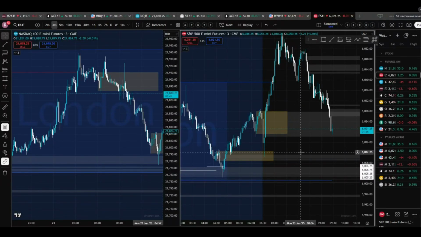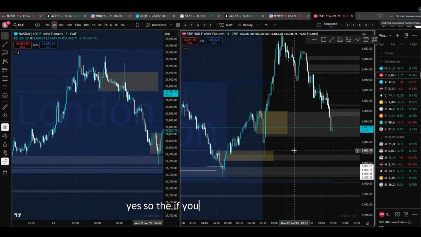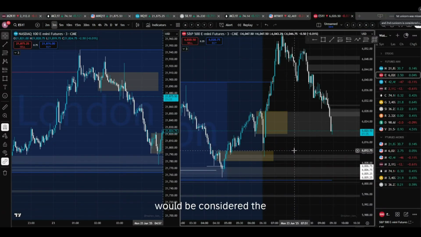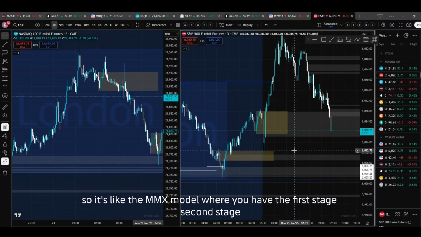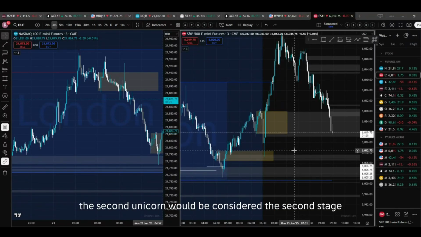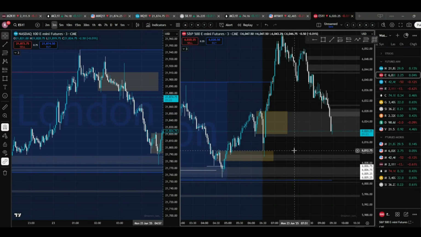Yes. So if you miss the first unicorn, the second unicorn that happens within that leg up would be considered the continuation unicorn. So it's like the MMX model where you have the first stage, second stage. The first unicorn is the first stage. The second unicorn will be considered the second stage of distribution.